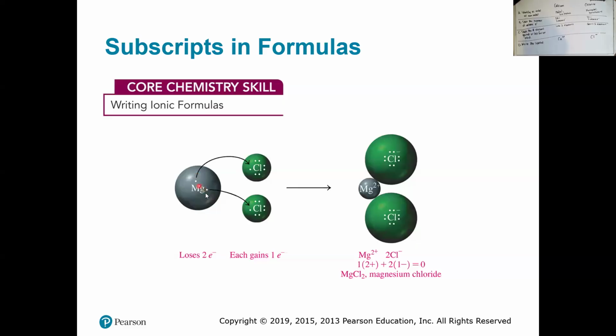Magnesium loses 2 electrons, so magnesium has a +2 charge. That means 2 chloride ions need to combine with 1 magnesium ion to make a compound. That compound would be written MgCl2, which means one magnesium and two chlorines.